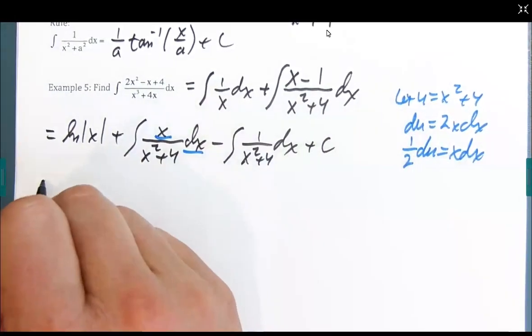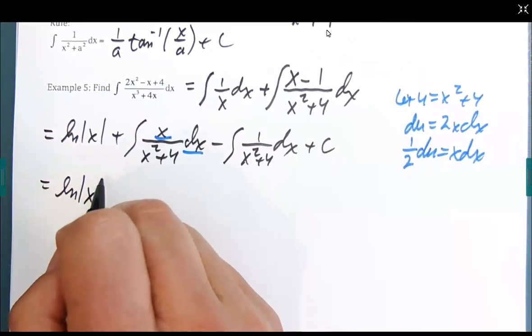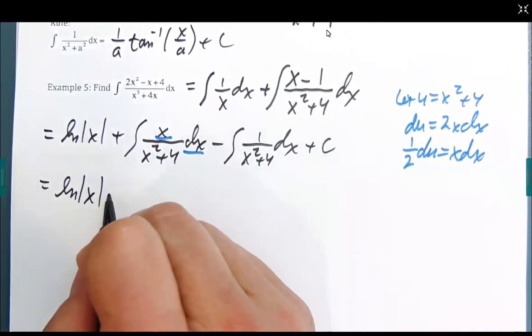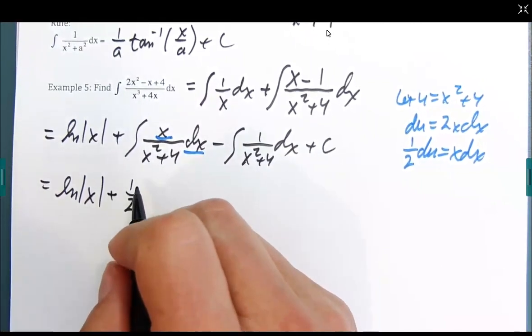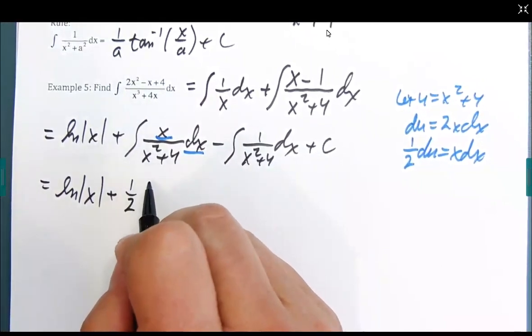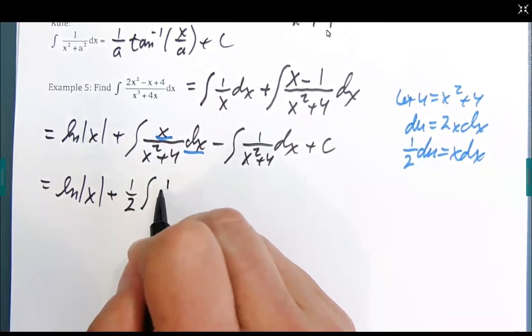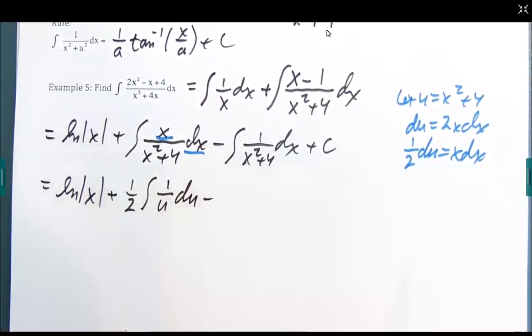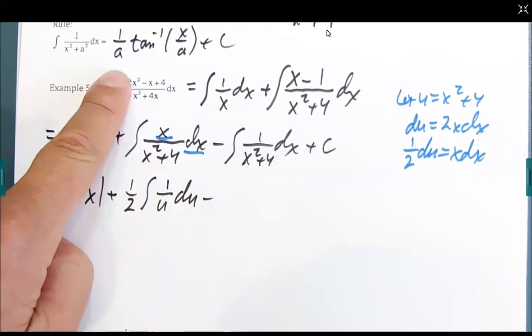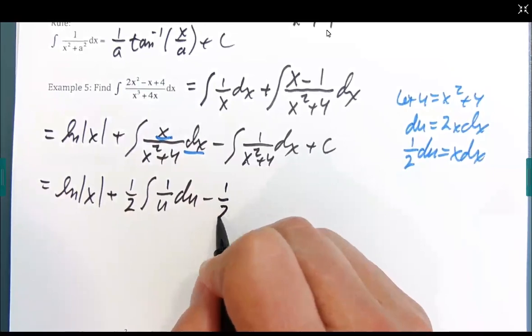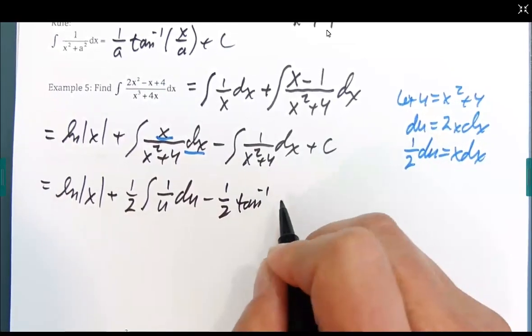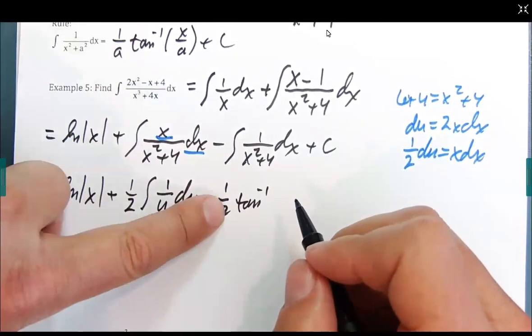Let's see. Plus 1/2 the integral of 1 over u du minus, and now I'm going to use this rule here where a is 2. So that's minus 1/2 inverse tangent. That's the 1 over a, the 2.